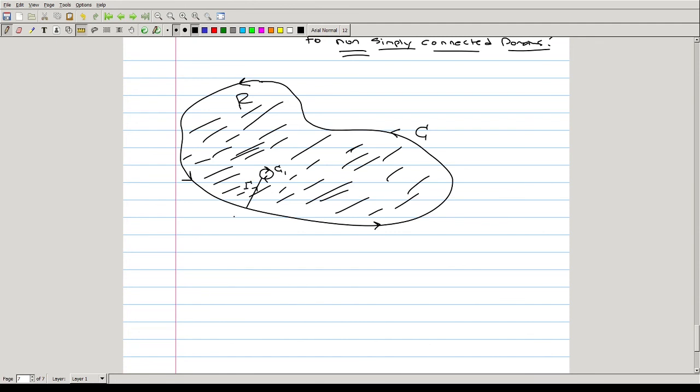So we cut our domain R, and we cut right into that hole. And I'm going to define the following: a path from here all the way around, tracing this region.